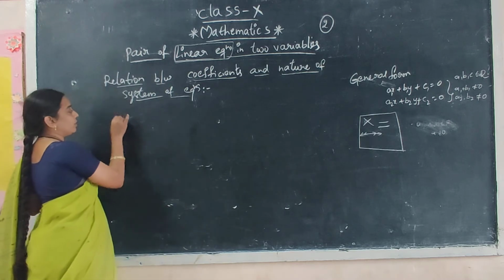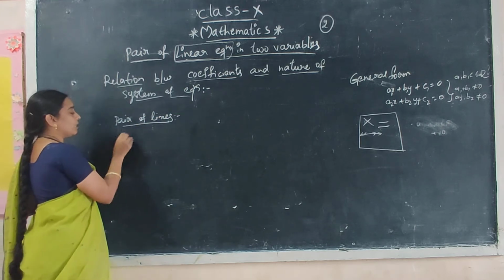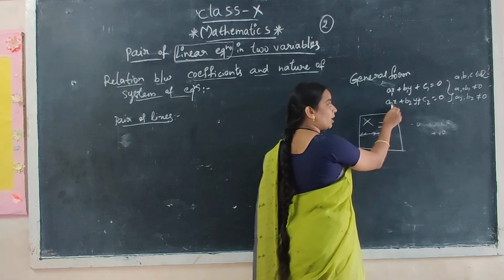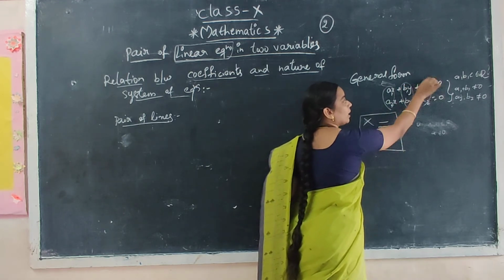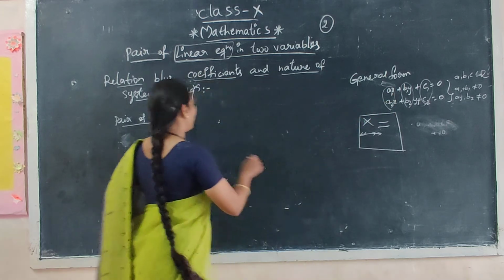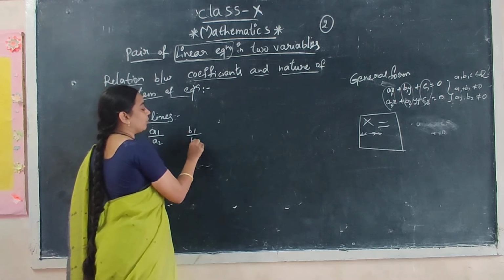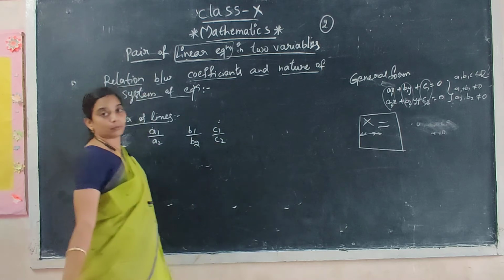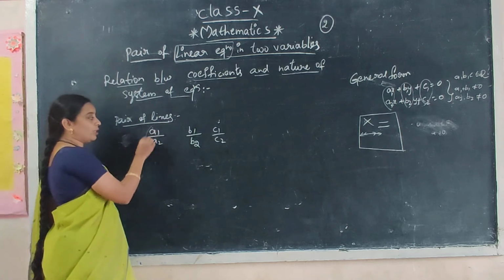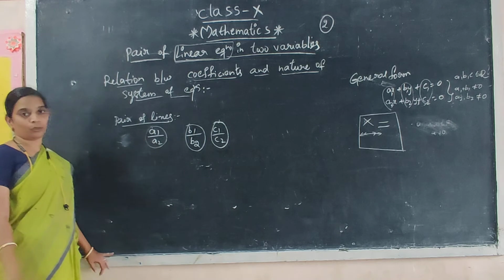Compare the x coefficients, y coefficients and constants of the two general forms. The ratios are a1 by a2, b1 by b2, and c1 by c2, the constant ratio.